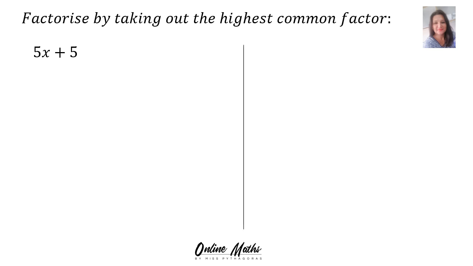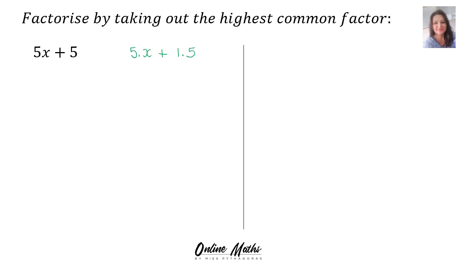Now let's take you one step further. When on the second term or the first term there's only a number on its own, you call the number a constant. When you factorize, you must be very careful. So you can write this one in expanded form as 5 times x plus, and then on the constant, 5 is the same as 1 times 5.